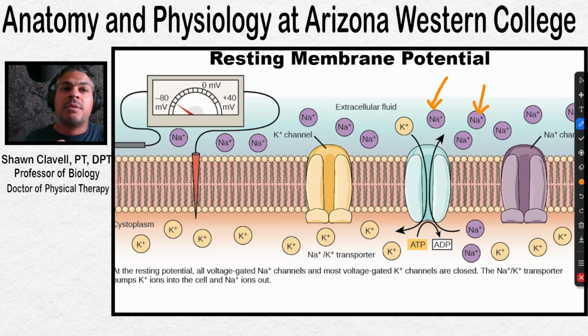So the resting membrane potential is created by a high concentration gradient of sodium outside of the cell, a high concentration gradient of potassium inside of the cell, as well as these negatively charged proteins that float around in the intracellular space. There's the sodium potassium transporter, the sodium potassium pump here. So this is the example that's being given right there.